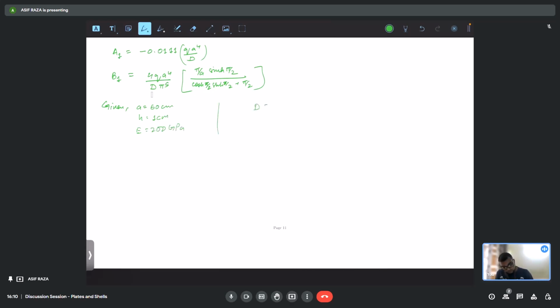So D becomes Eh³/(12(1 minus ν²)). ν is equal to 0.3. So E is 200 GPa, which is 2 into 10¹¹, h is 10⁻² cubed, divided by 12 (1 minus 0.3 squared). So this is equal to 18315.0183 newton per meter square.